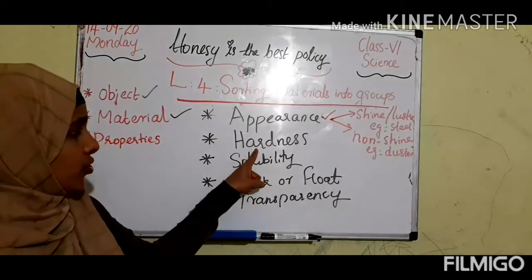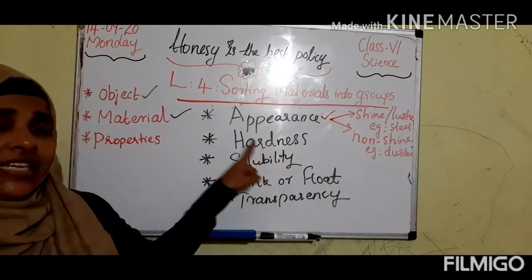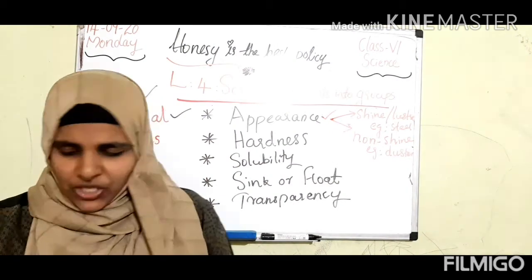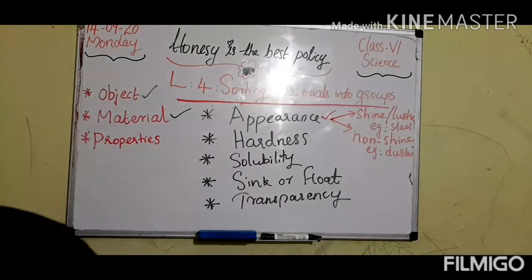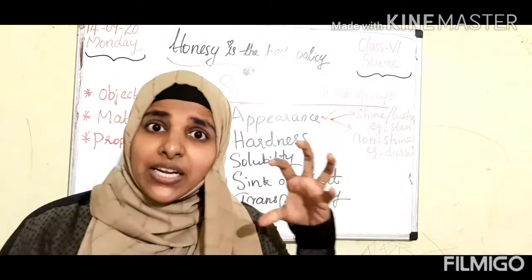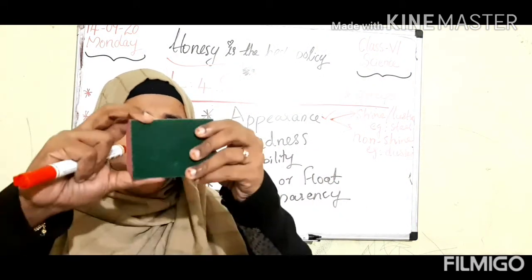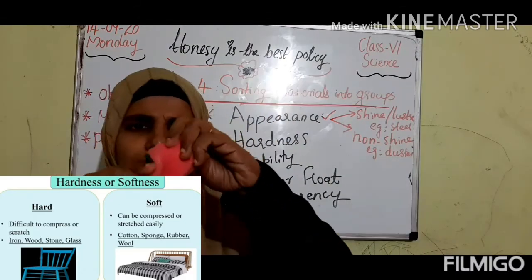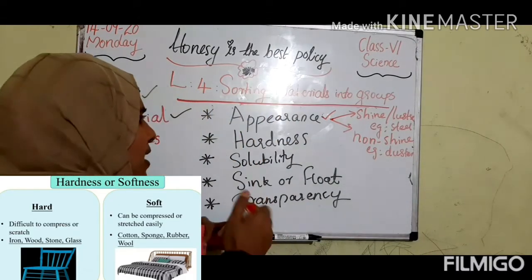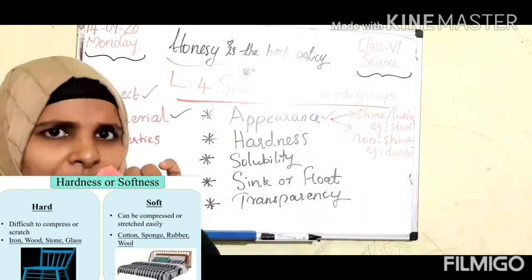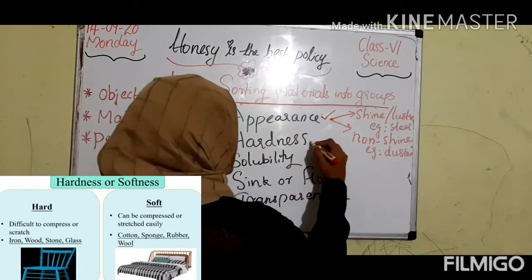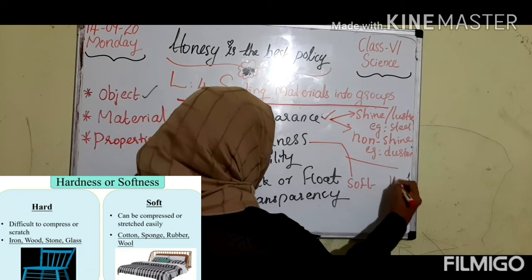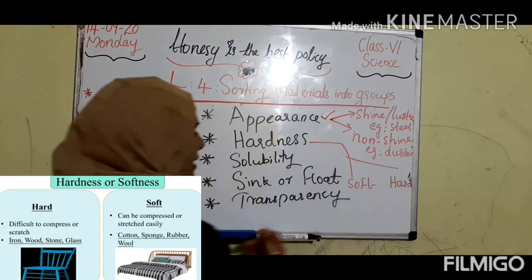Next I am going to teach you the second property, its hardness. What is hardness, children? Some materials, some objects, when we stretch or compress them, may be flexible or not. It is flexible, right? So this is a soft material. In hardness we can say it may be soft or hard.